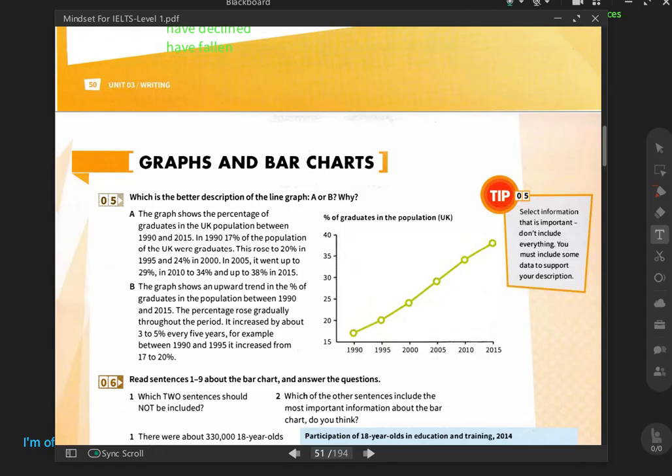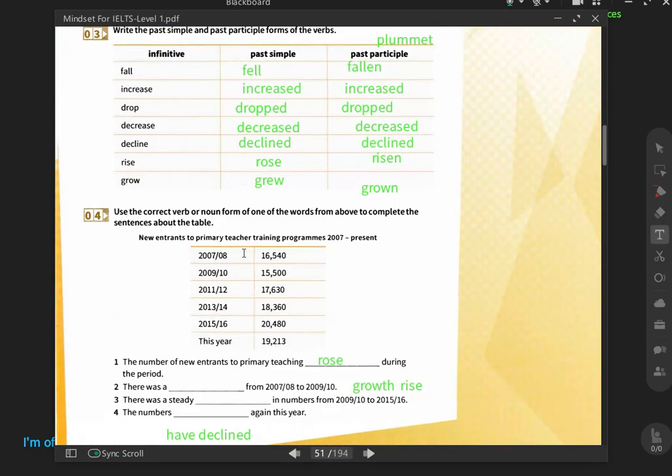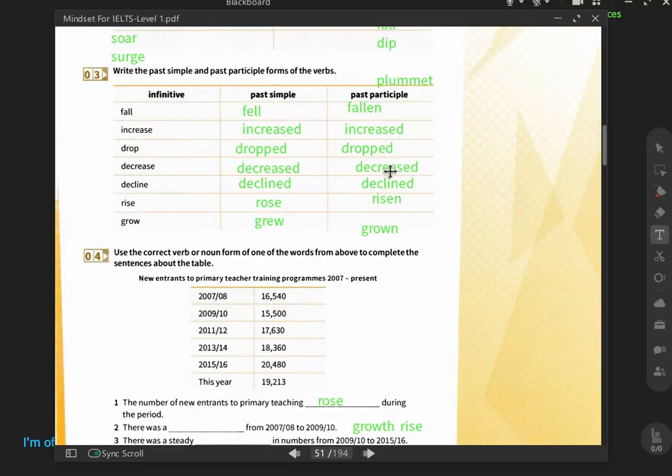Okay, well, and now let's see. We have a line graph here. Which is better description? Let me say, I will discuss them one by one. Now I don't want to give you a lot of details about the meaning of them, but they're slightly different. For example, if the fall is rapid, I can say plunge or plummet, like a quick decrease.